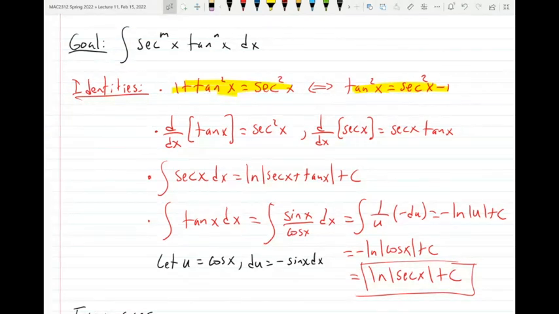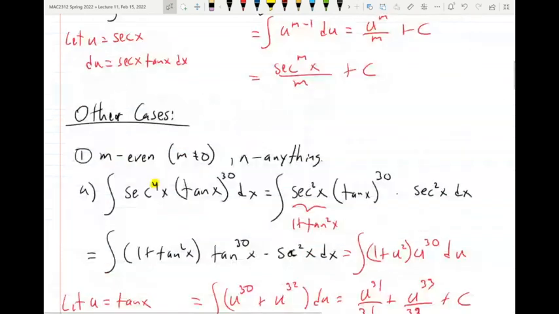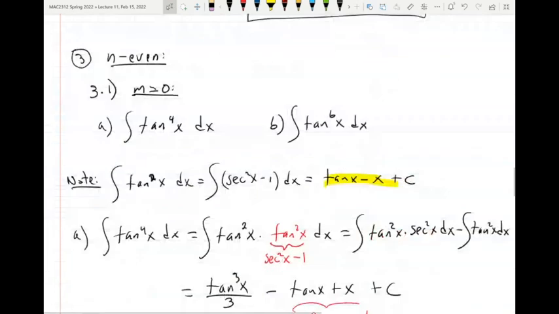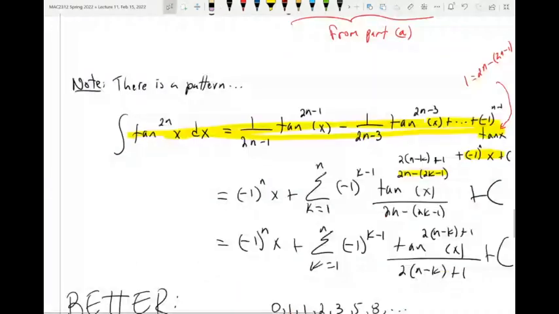Remember that, because this is going to pop up several times and you don't want to derive it every single time. Remember the trick: we multiply top and bottom by secant plus tangent. Then the derivative of secant plus tangent is what you get in the numerator, so that's why it's ln of secant plus tangent. All right, so we know how to do secant. That's the first case.